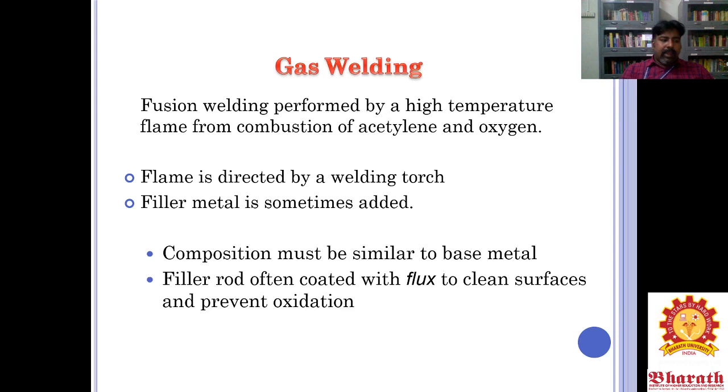Come to gas welding. What is gas welding? Gas welding is one of the types of welding process in which the edges of the metals to be welded are melted by using a gas flame. No pressure is applied during the welding, except in pressure gas welding, and the flame is produced at the tip of the welding torch.